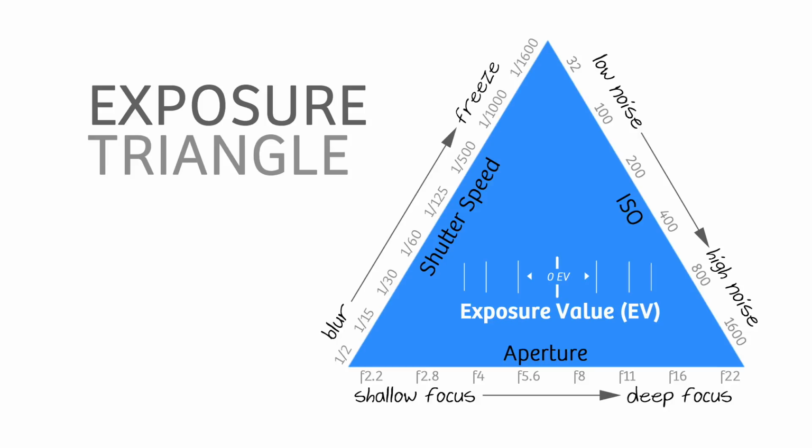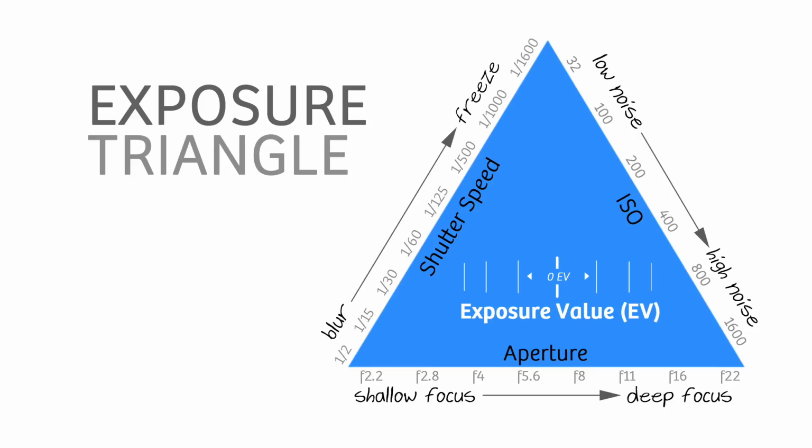Every time you move a stop, one stop is doubling the amount of light, or cutting it in half if you're going the other way. So if you've moved that from 1/500th of a second to 1/2000th of a second, that is 2 whole stops of light.